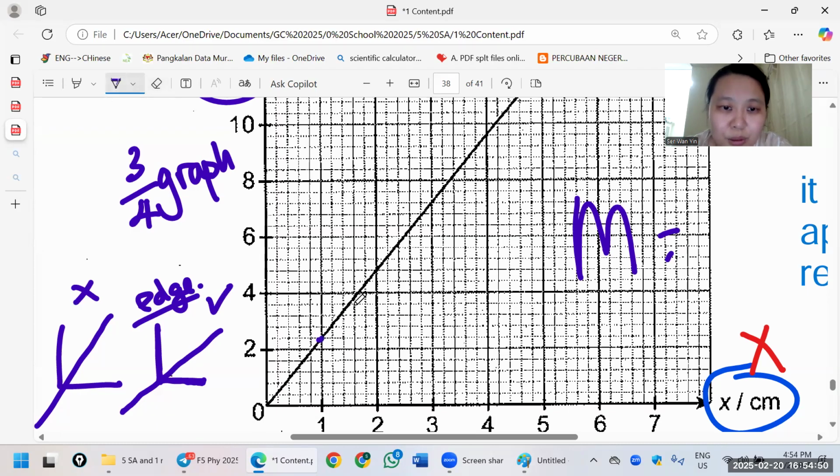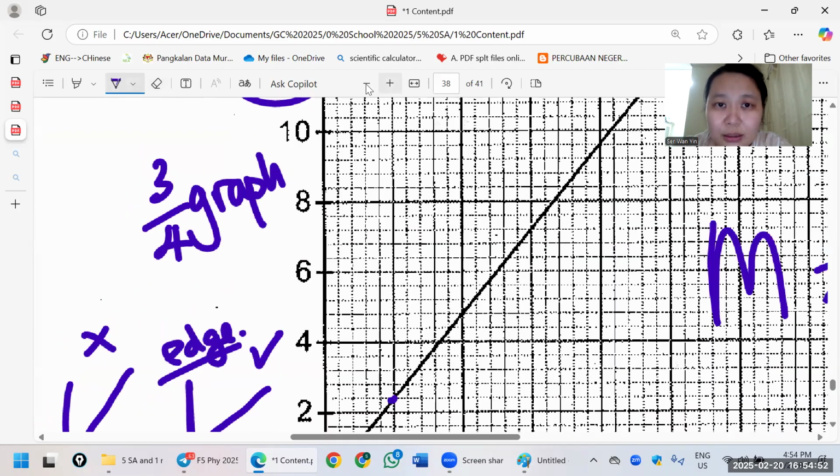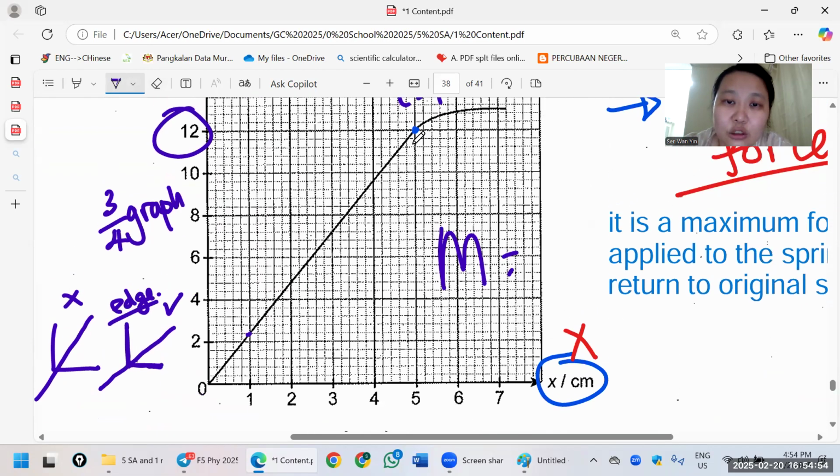Once you plot the point, please draw a triangle by using a ruler. This is one of the techniques to answer. So actually, it's quite easy to score full marks in graph if you obey all of the rules.